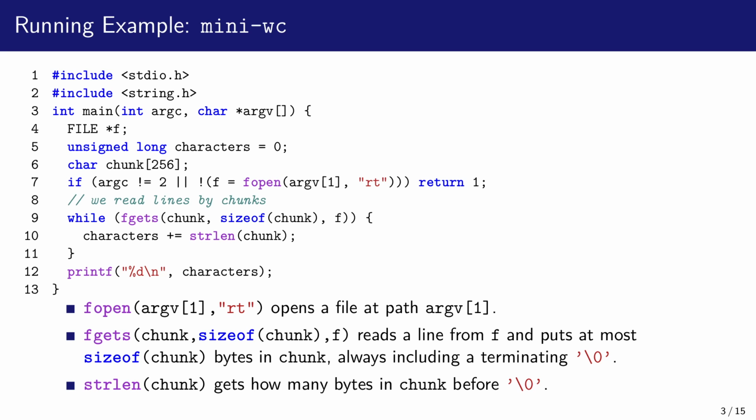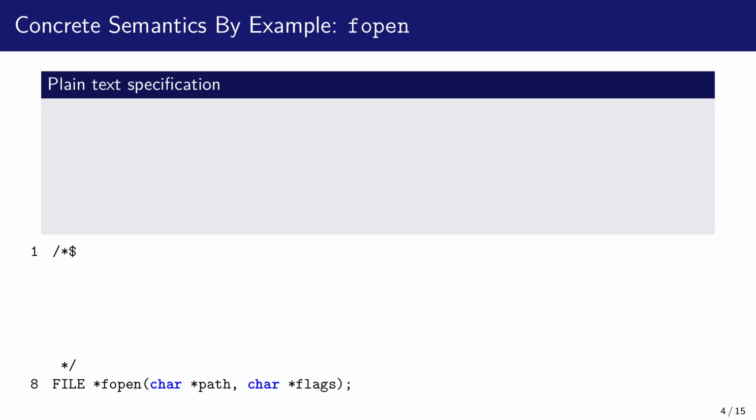And after that, we can get the number of retrieved bytes using the function strlen. And now let's see how we can model some of these functions used in this example.